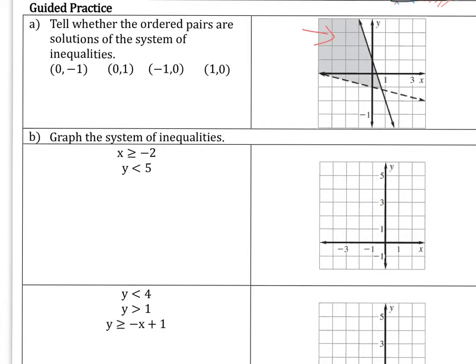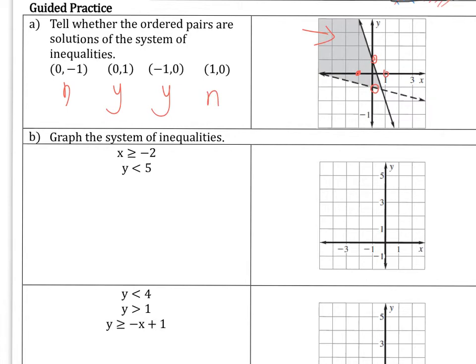For (0, -1), it's located on the dashed line, so it's not a solution. And (0, 1) is located on the solid line, so it is a solution. (-1, 0) is located in the shaded region, so it's also a solution. And (1, 0) is located outside of the shaded region, so it's not a solution.